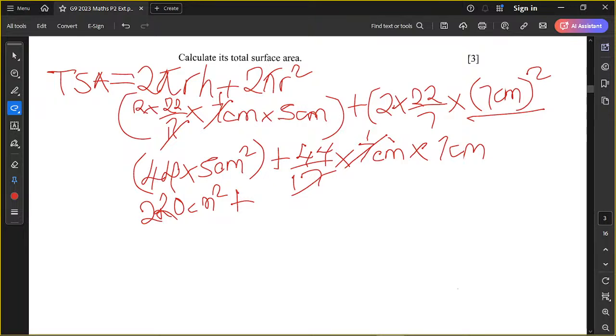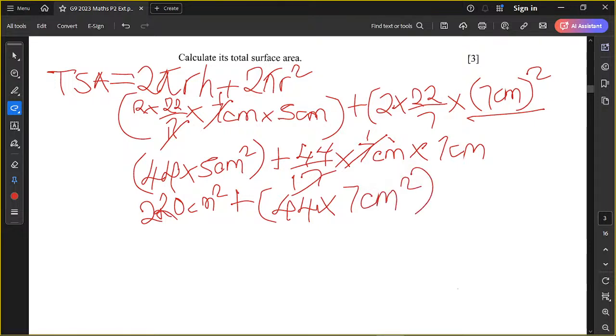If my answers are wrong, you can still comment in the comment section, but those are the correct answers. Then 44 times 1 centimeter times 7 centimeter will give us 7 centimeter squared.